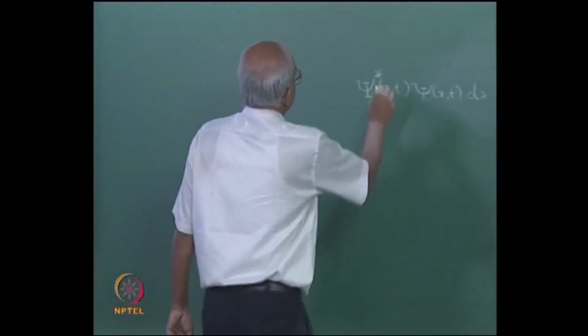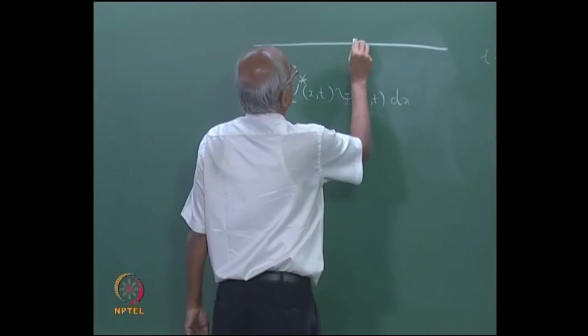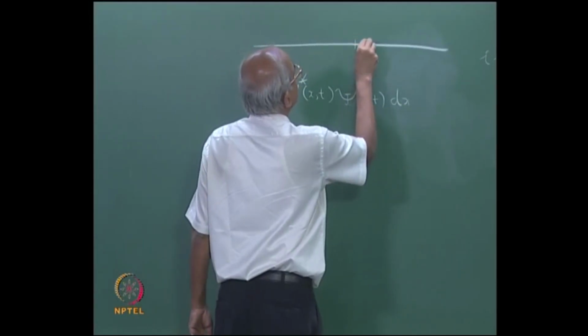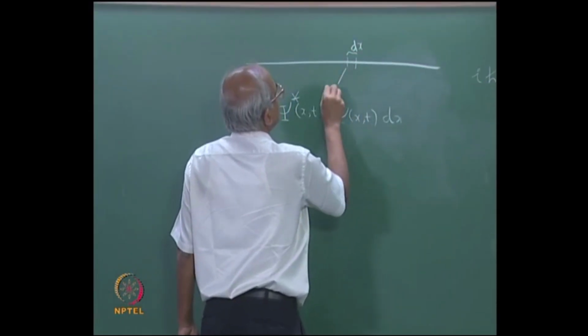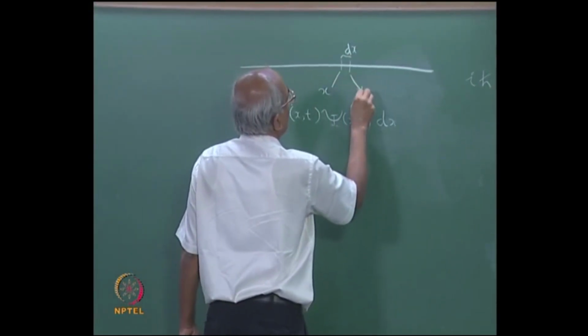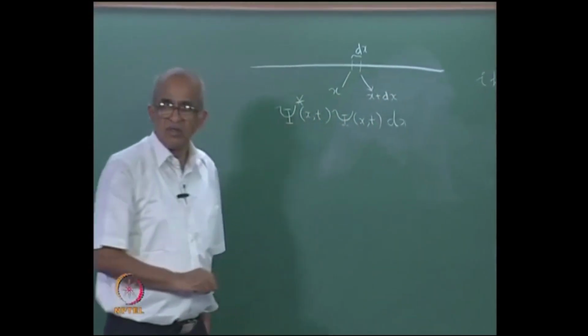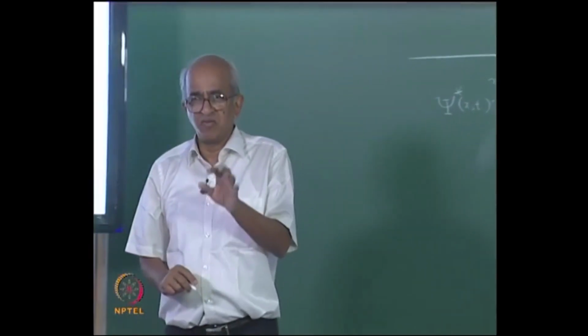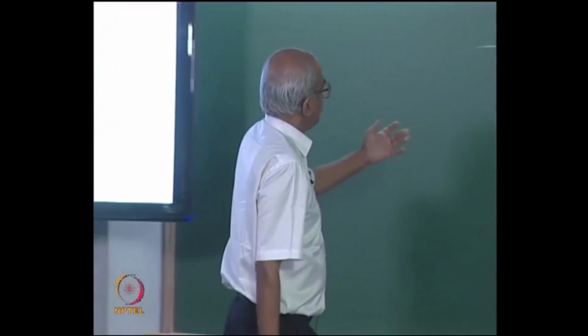So, what is happening is that I have the particle moving in one dimension, then this is a small length dx lying between the point x and the point x plus dx. The probability that your system will be found in this small interval is given by that expression. And you know that psi is a function of time.